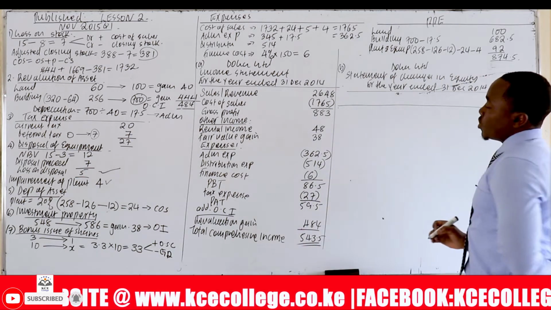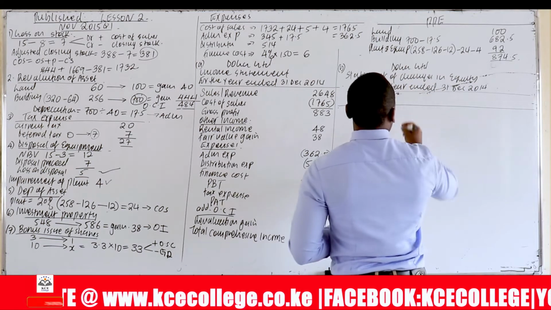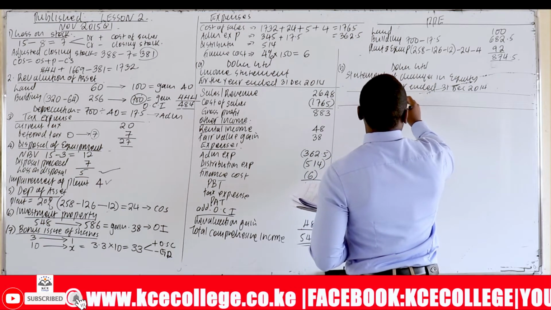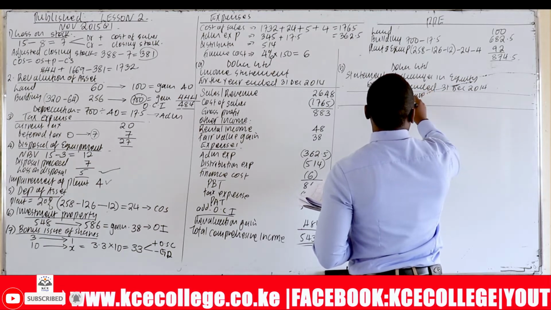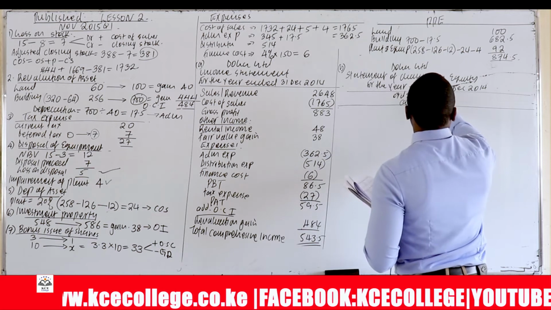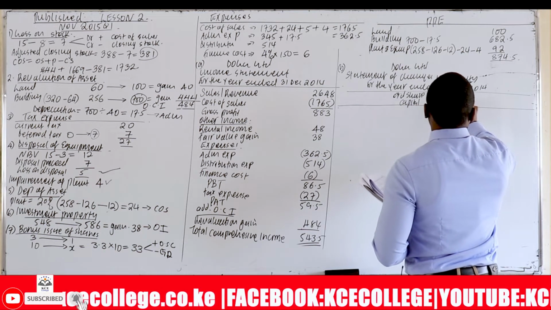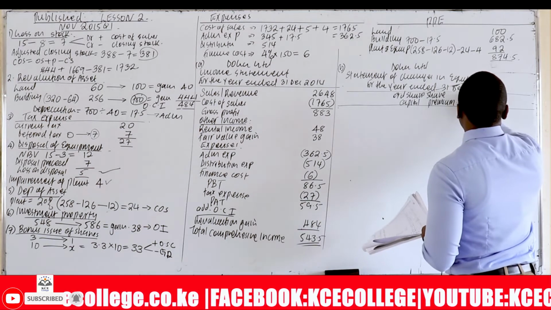Now, what do we have which goes to the equity? So, based on the information provided, number one, we have ordinary share capital. I can also see we had share premium. We also have the retained earnings.